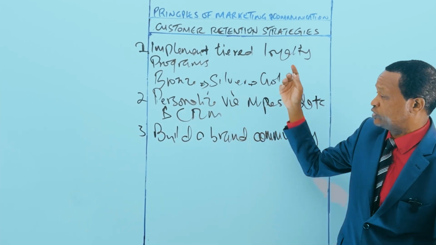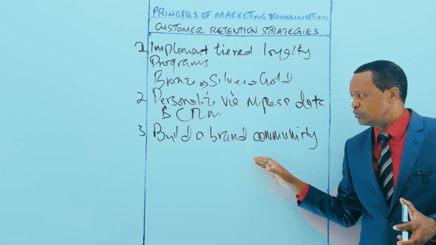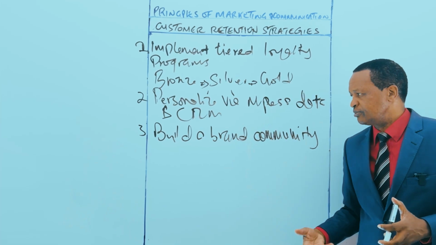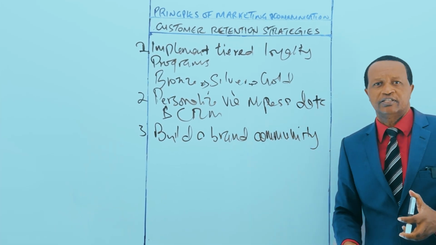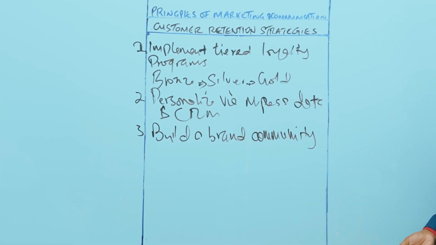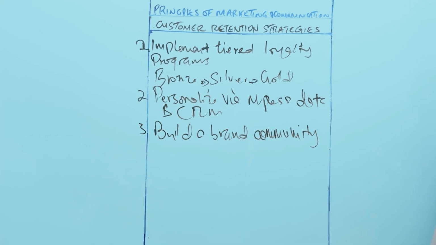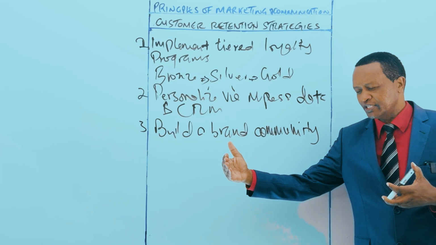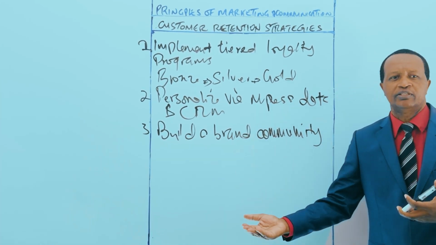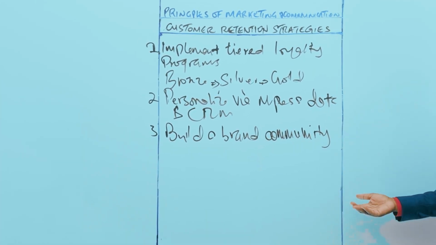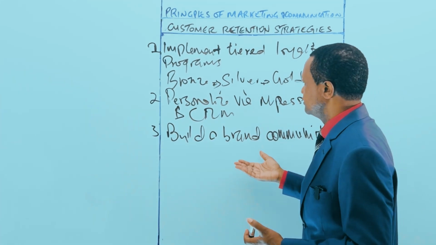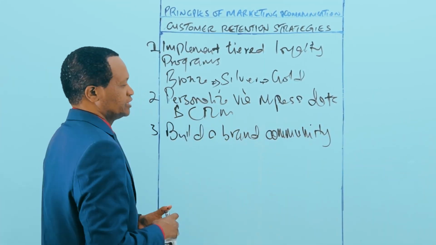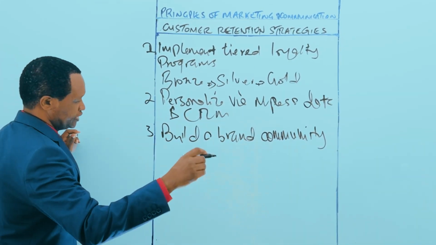When a new product comes or when there is an upgrade, you give them first priority in terms of access. When you do that, it transforms your relationship from just a seller-buyer dynamic to a community or family dynamic. That's another way to retain customers: build brand communities.